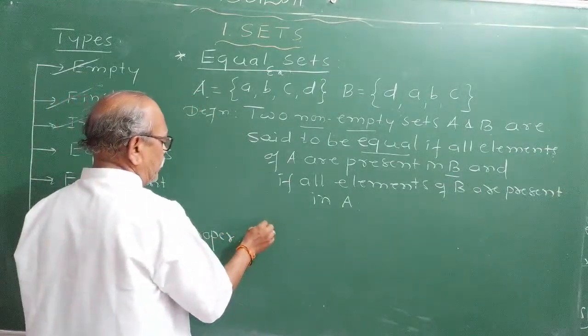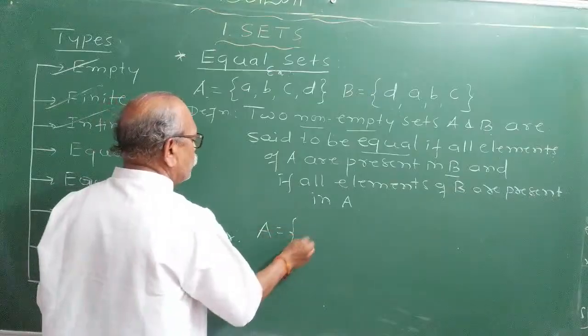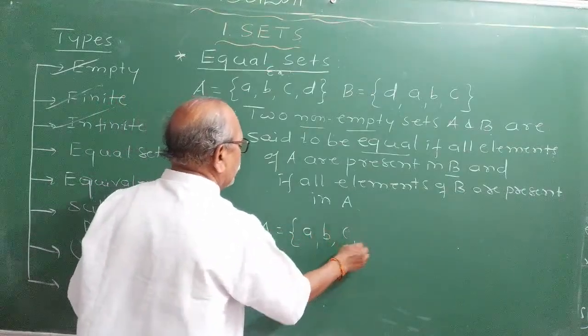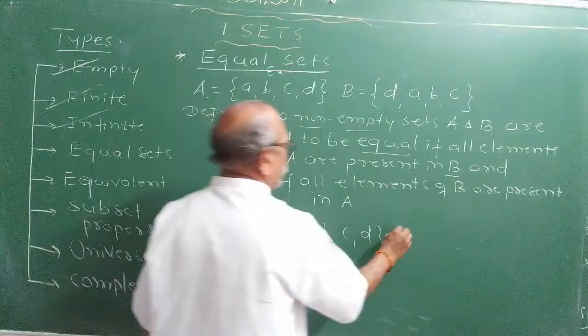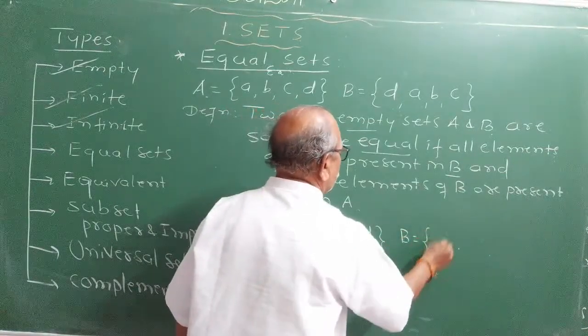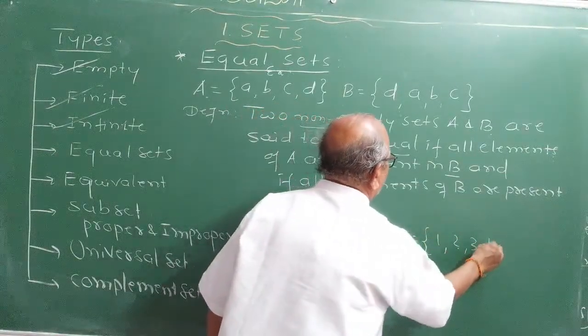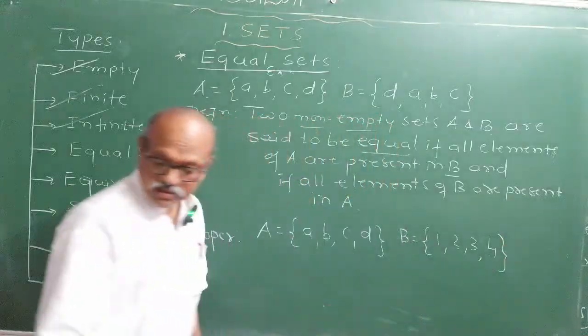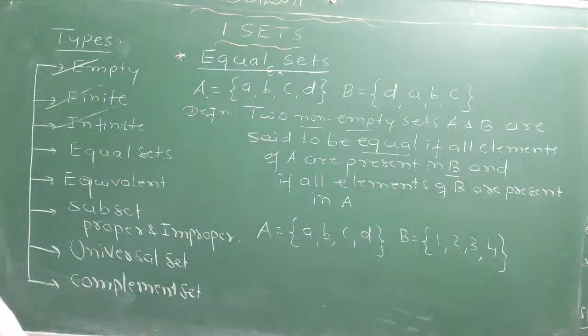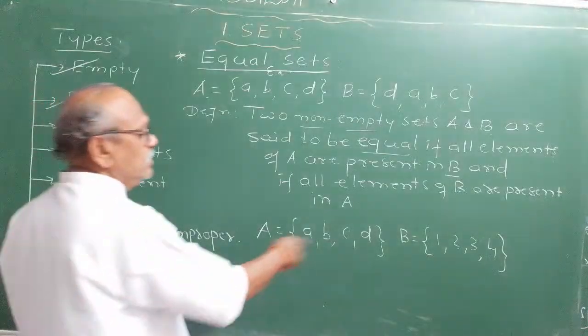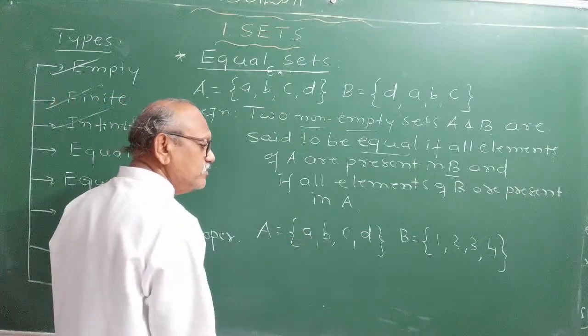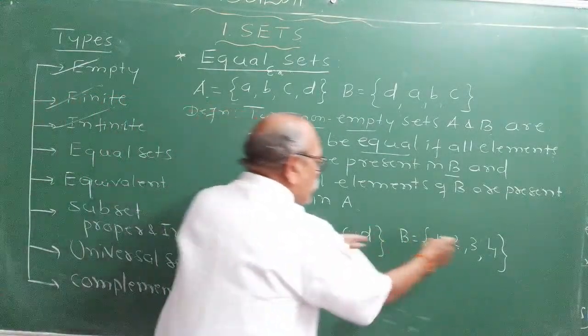Now I will take another set. You try to understand. I will give A equal to A, B, C, D. I will keep it as it is. But I will take set B as 1, 2, 3, 4. Do you think they are equal? They are not equal. But they have the same number of elements.